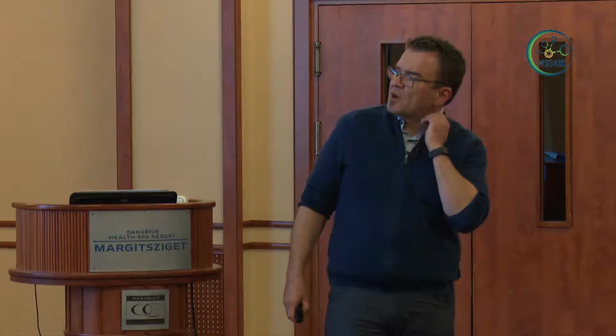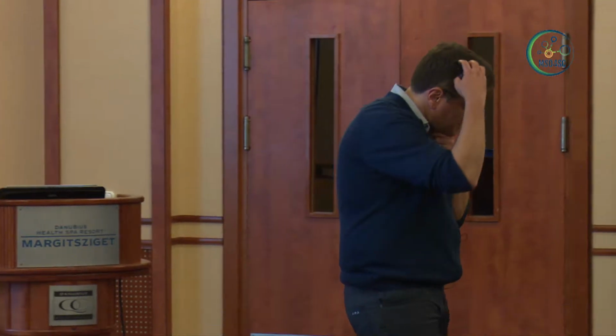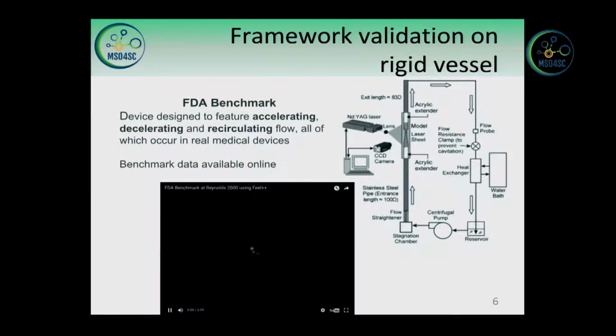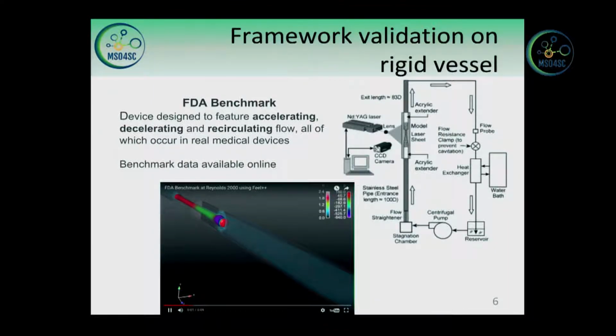In terms of benchmarking, we benchmark the CFD code that we use for the blood flow. First, on the rigid vessel. Actually, it's not really a rigid vessel here. It's actually an FDA device. FDA is Food and Drug Administration.